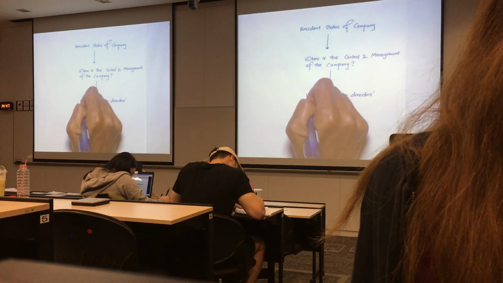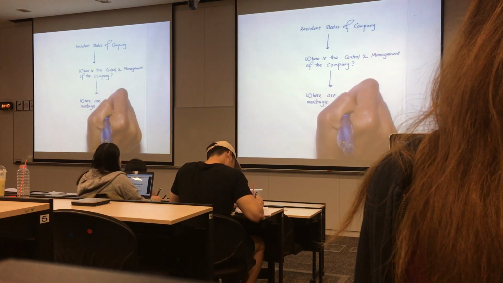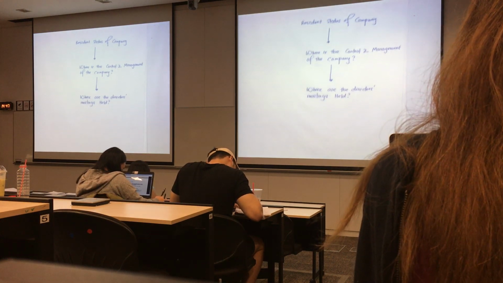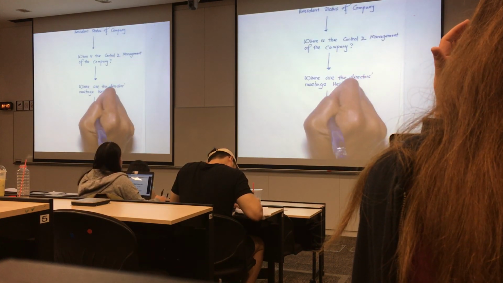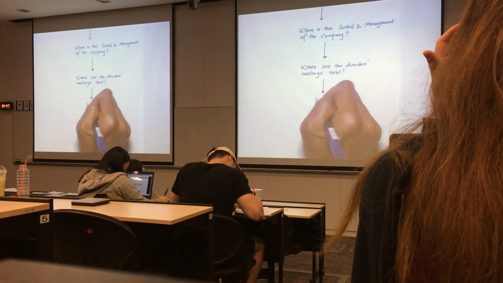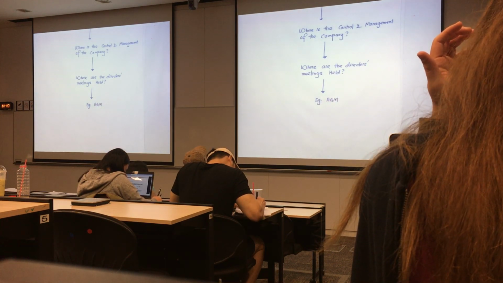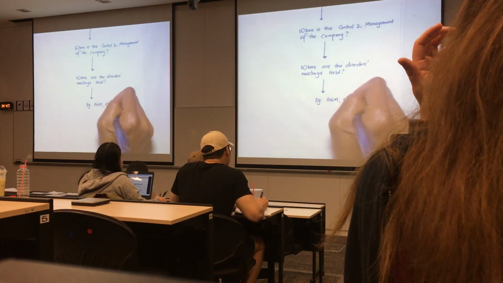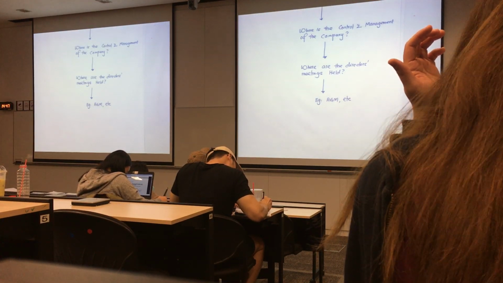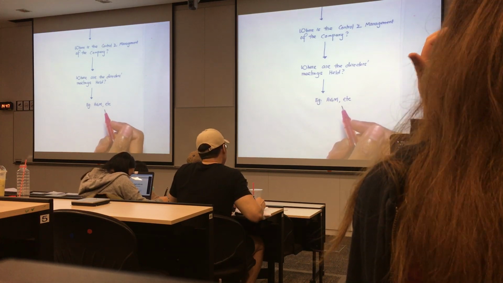Where are the directors' meetings held? And how do I decide that? By looking at the question to see where the AGM is. Or the question will say the directors meet in Singapore to make important policy decisions, or the AGM is in Singapore.